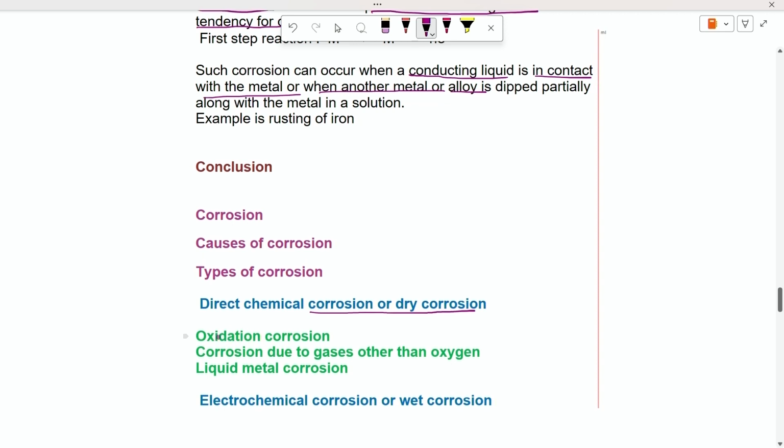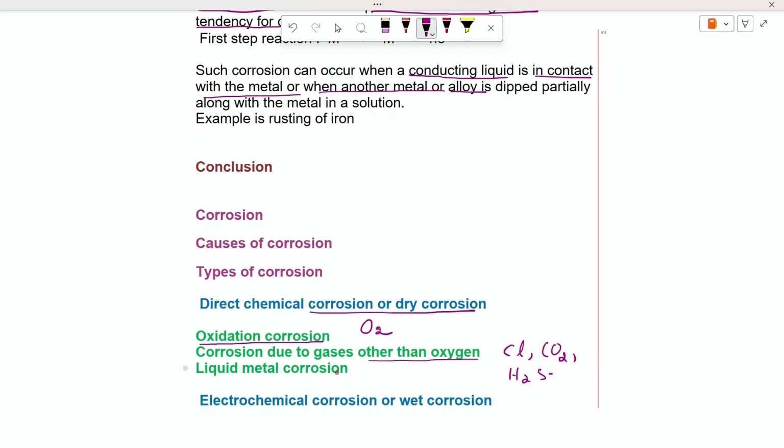It is further classified as oxidation corrosion, that is only with the action of oxygen, and corrosion due to gases other than oxygen like chlorine, carbon dioxide, hydrogen sulfide, etc.